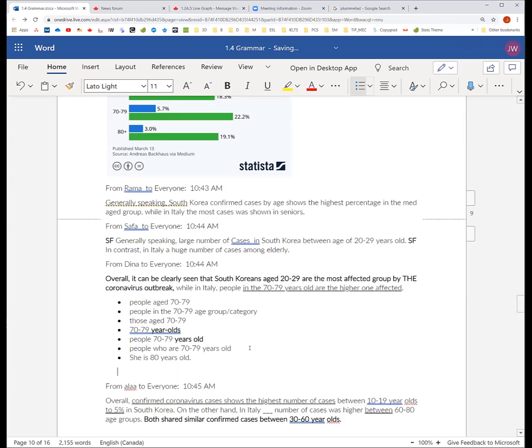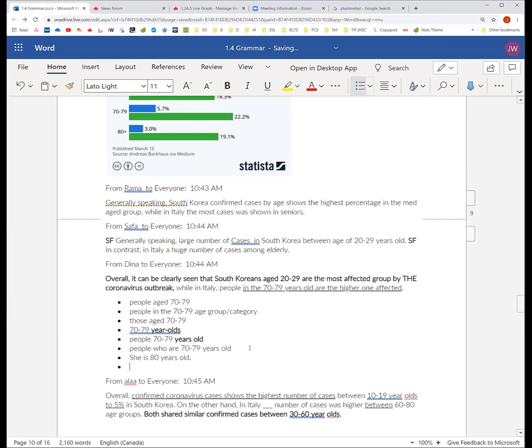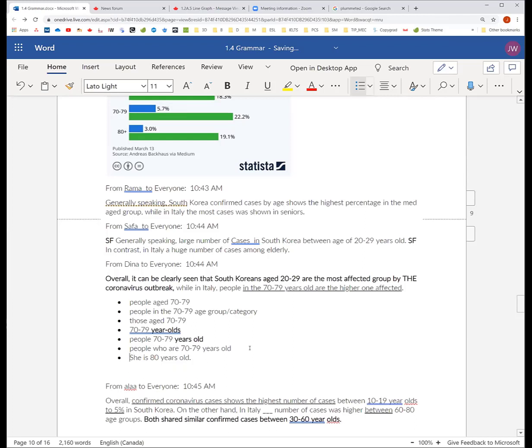Well, in that way, shall we put a comma after people? Because I think it's like an appositive. No, and appositives don't need to be inside commas. Not always. So what if I did, so she is 80 years old.